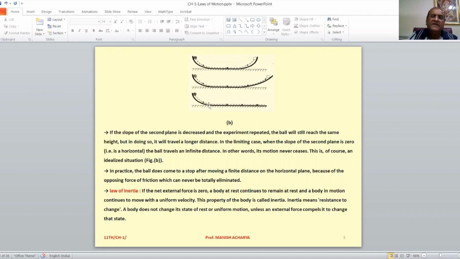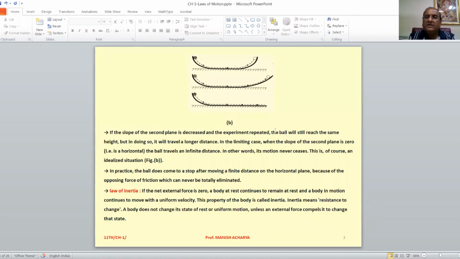Then if the sphere is released from the top of the inclined surface, when it reaches the horizontal surface, it moves up to infinity. So with the help of all these experimental observations, he suggested that an external force is not required to sustain the motion of the body, right?